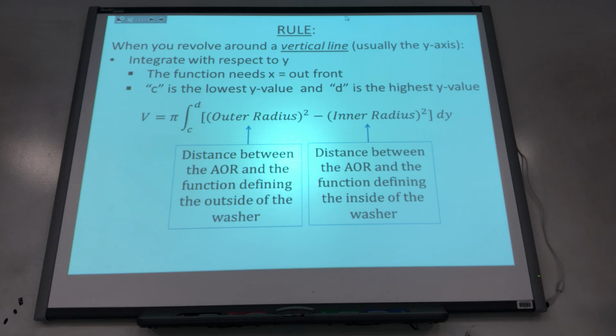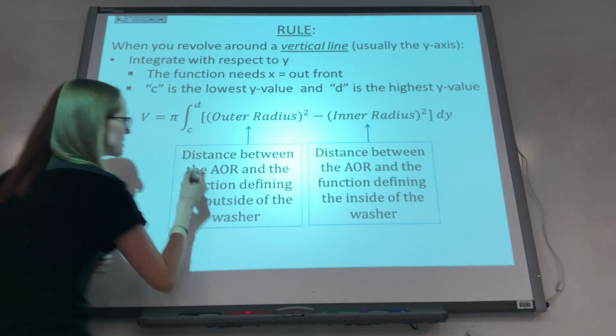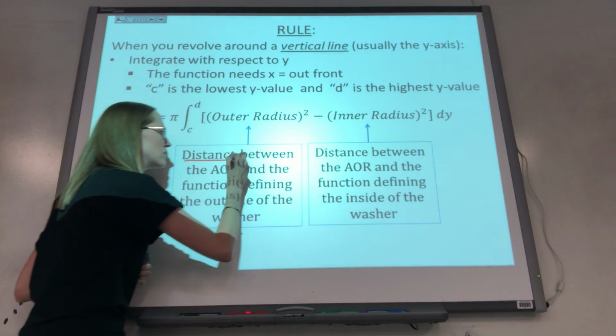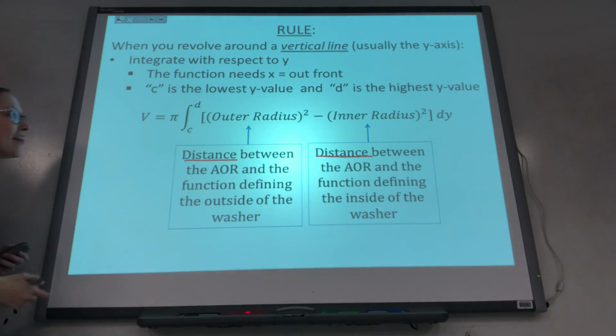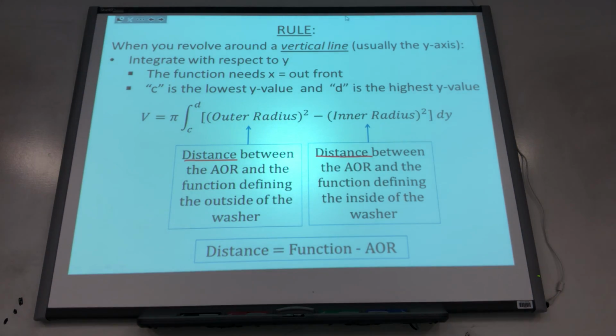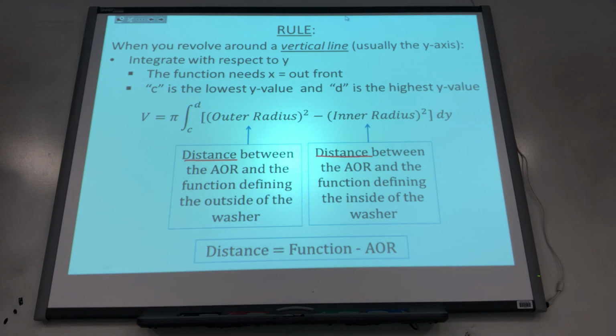And one last thing to put up here, that distance that we're talking about right here, I underlined it a little too far up, there we go. The distance that we're talking about is found by taking the function itself minus the axis of revolution. That is the same as Monday, but again, the washer is going to look different because we're spinning around a vertical line.